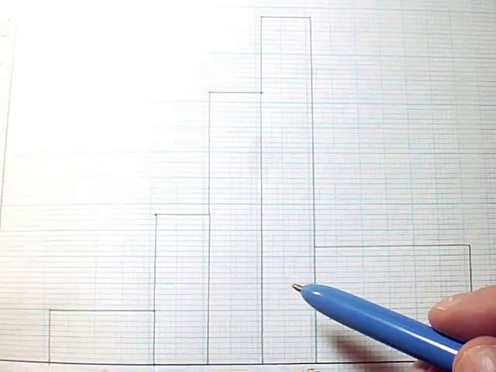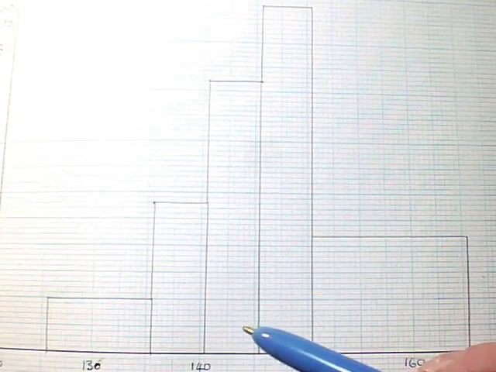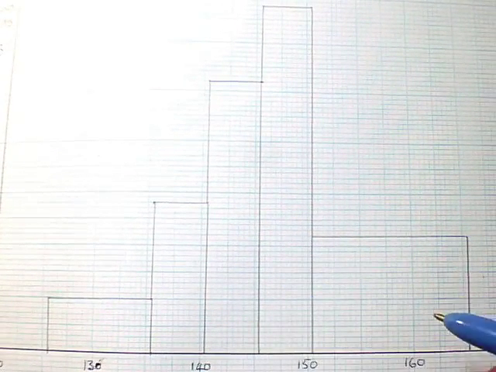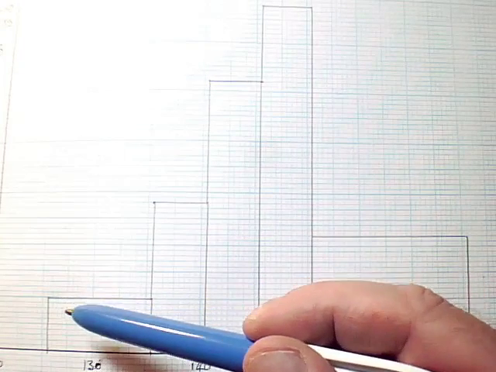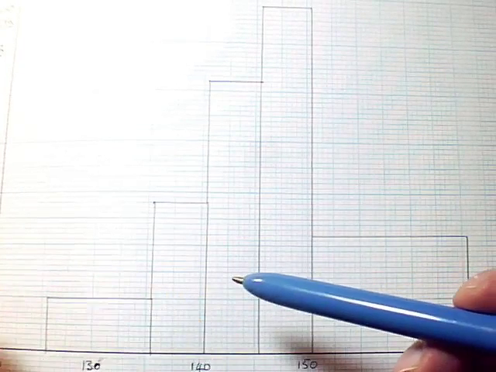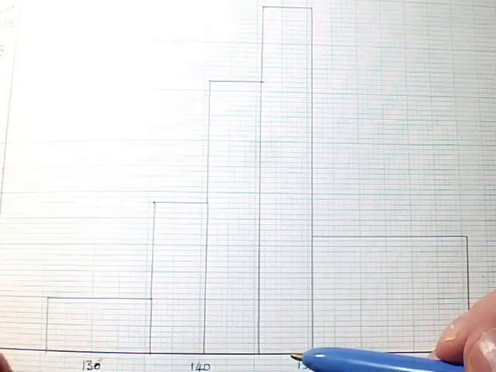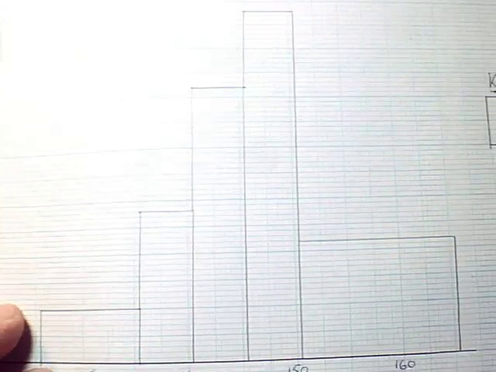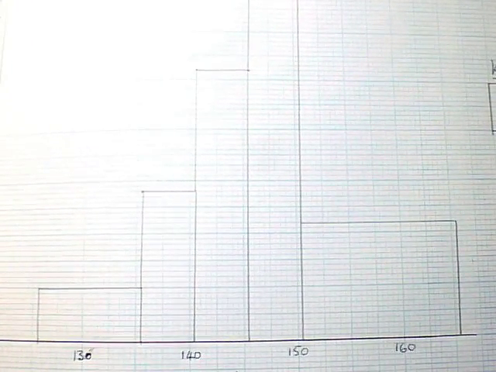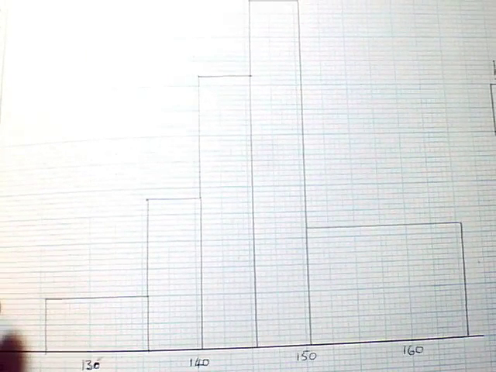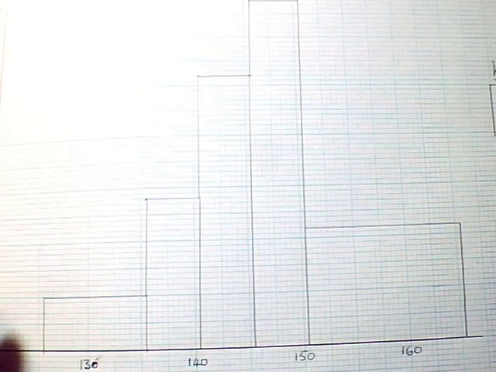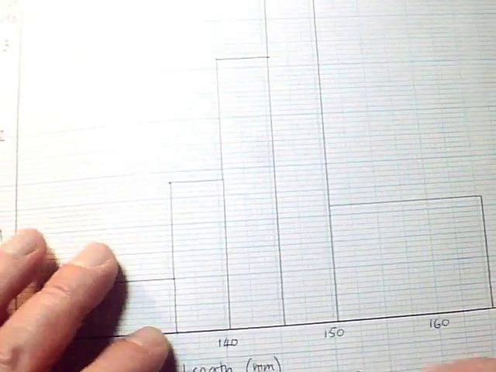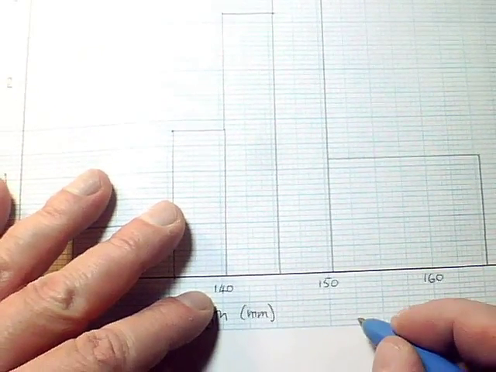If I'm thinking about skew, I always think about which end is positive, that would be this end, and which end would be negative, that would be this end, and it's been pulled towards the low values very slightly. So this is approximately symmetrical, but I'd describe this as having slight negative skew.